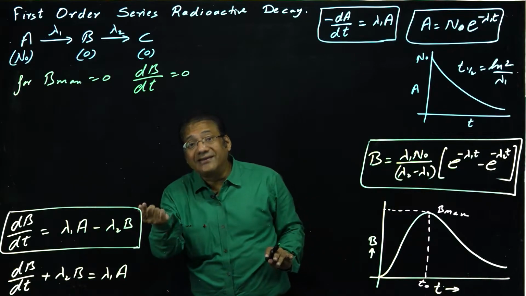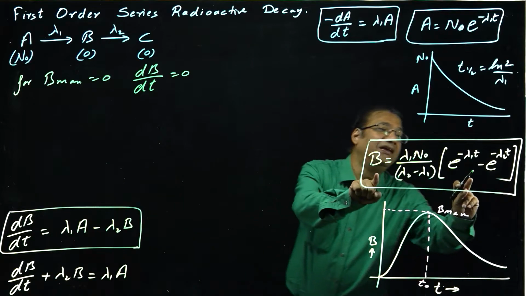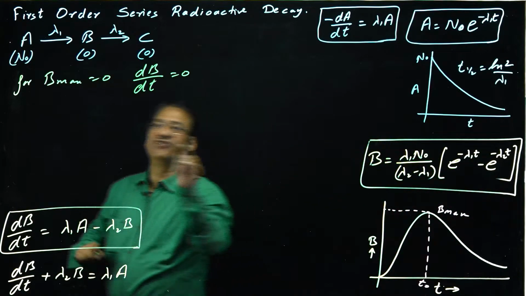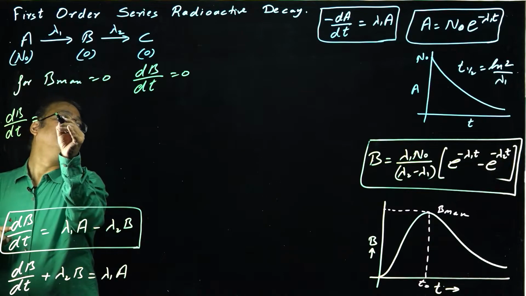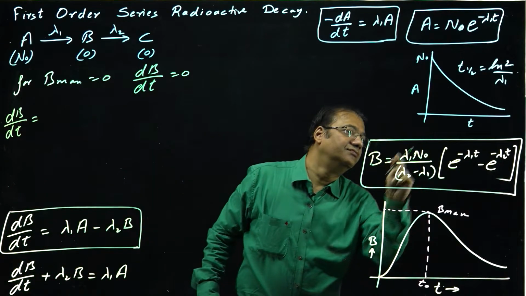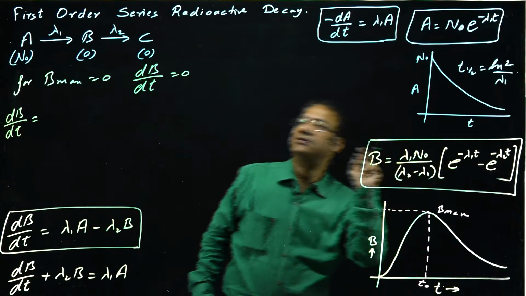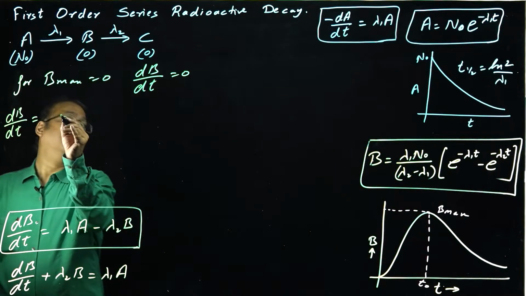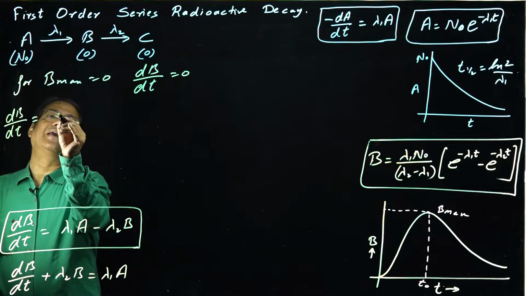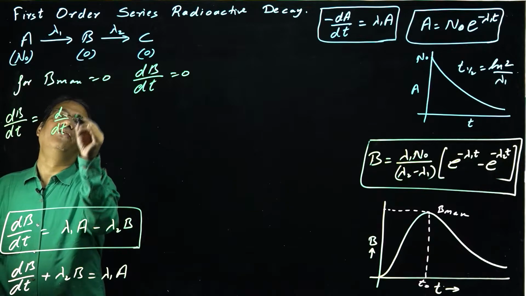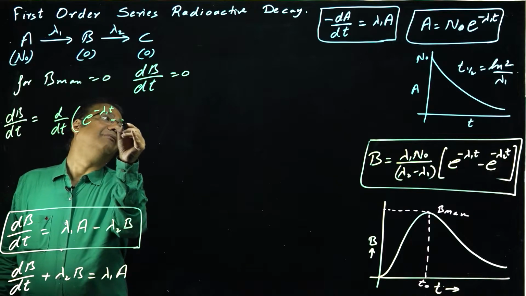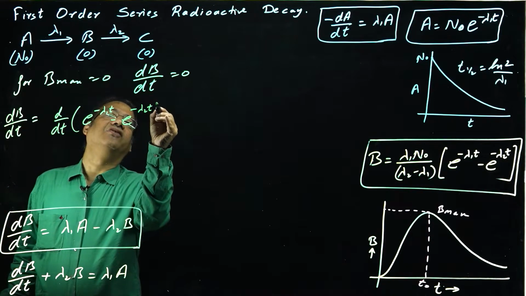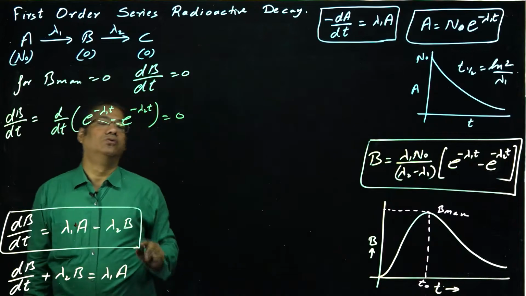So, in order to get the time of maximum b, one can always differentiate this function dB by dt, which is, this is a constant, lambda 1 n naught, lambda 2 minus lambda 1. So, I can write d by dt of e to the power minus of lambda 1 t minus e to the power minus of lambda 2 t must be 0.